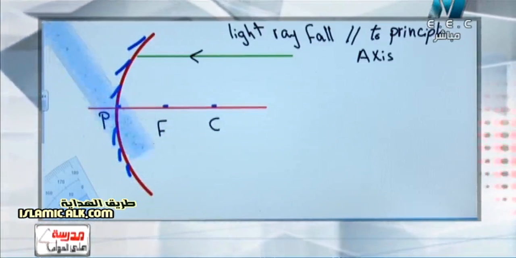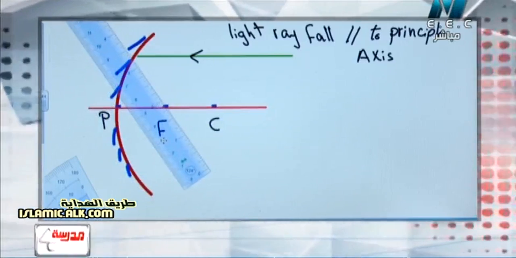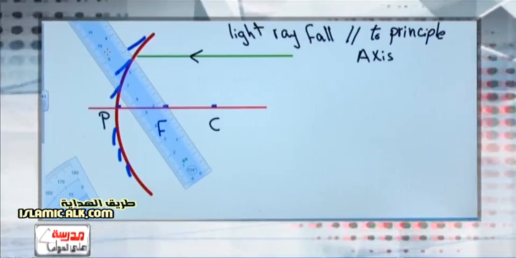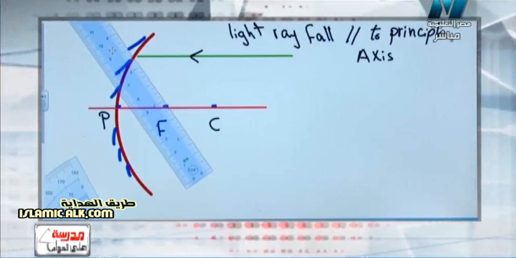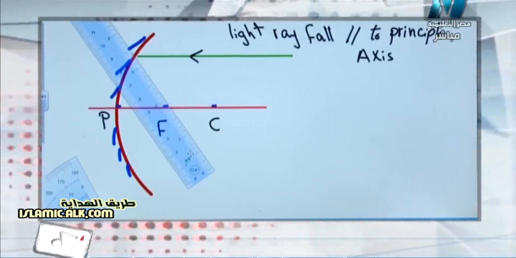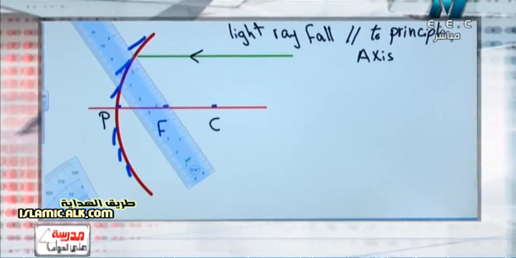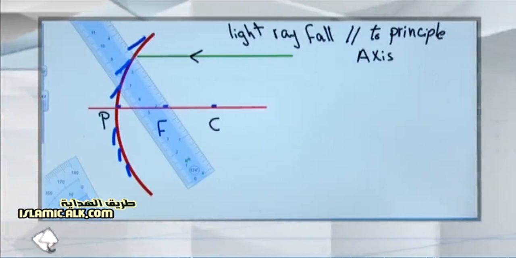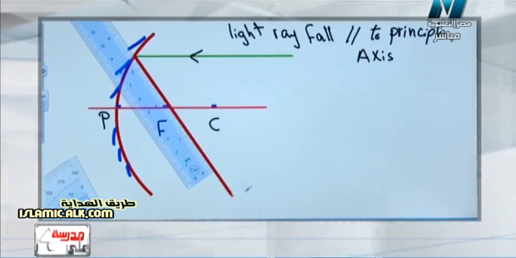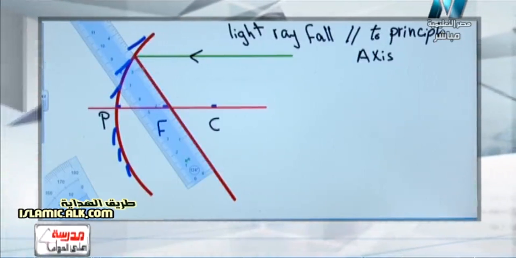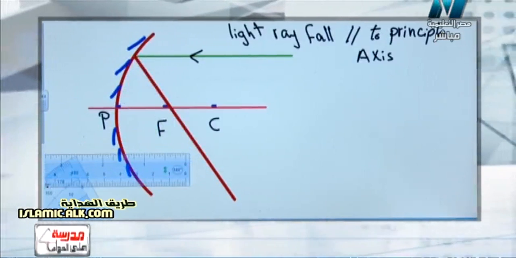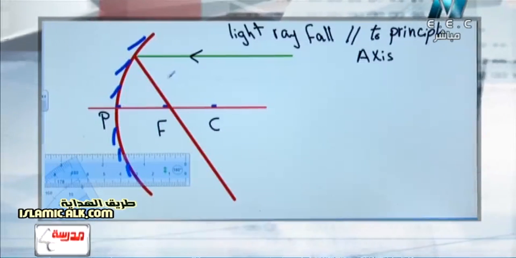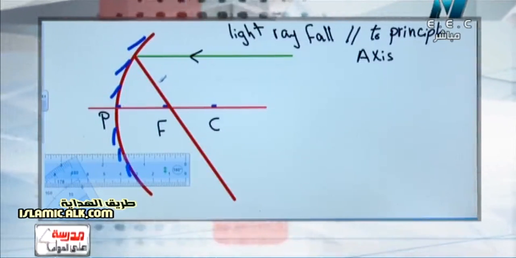As you see, it returns like that, with my ruler, from the point of incidence. I will make a light reflection like that in this direction. So we now have an incident ray and a reflected light ray.